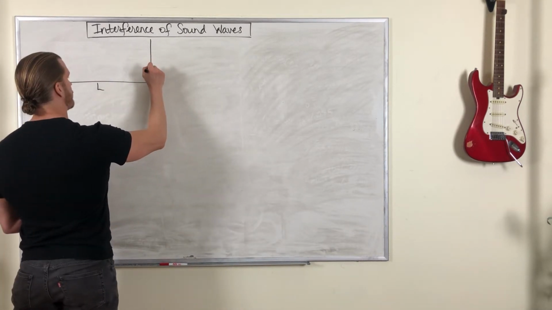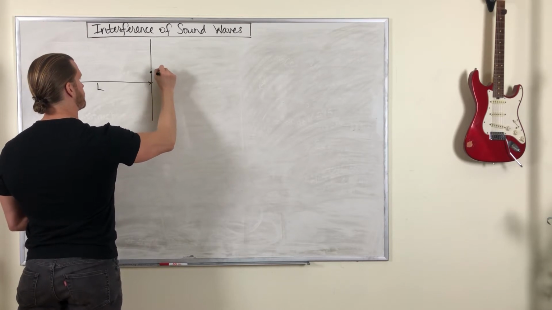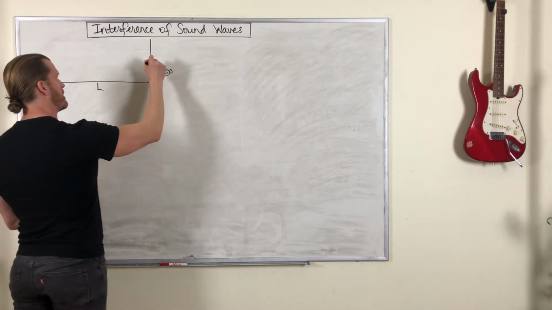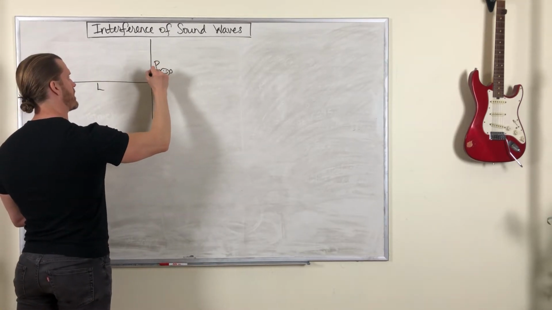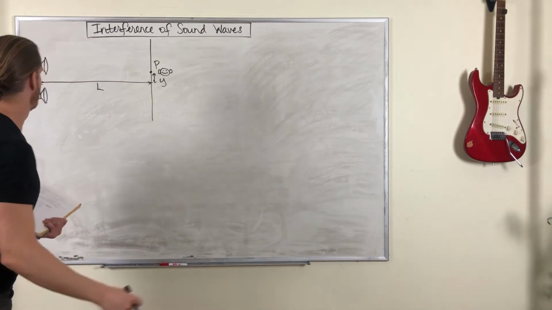Let's put our listener here, with their big listening ears, at a point P, that is a distance Y above that middle line.